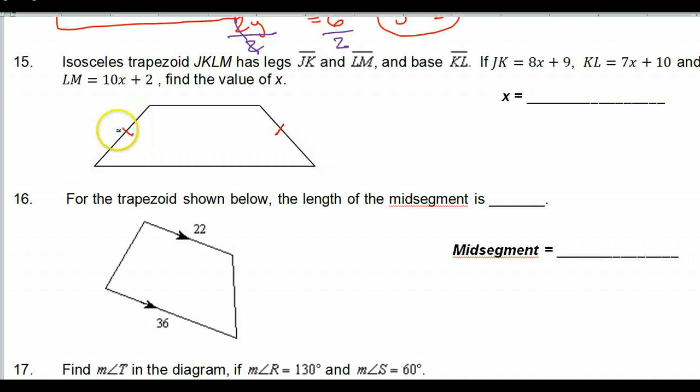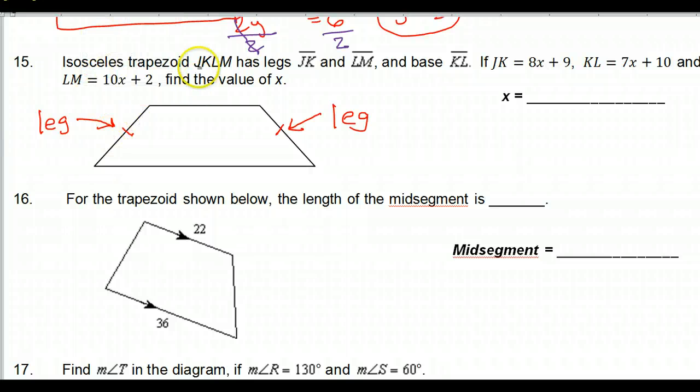See this side over here that has a little congruent mark on it? This is a leg right here. That's a leg. This is a leg right here. So when I pick my lettering, I need to make sure that JK winds up being a leg and LM winds up being a leg. And KL has to be a base. So just be careful how you letter it.